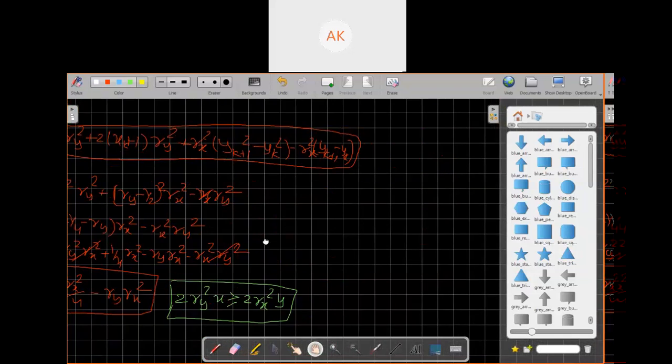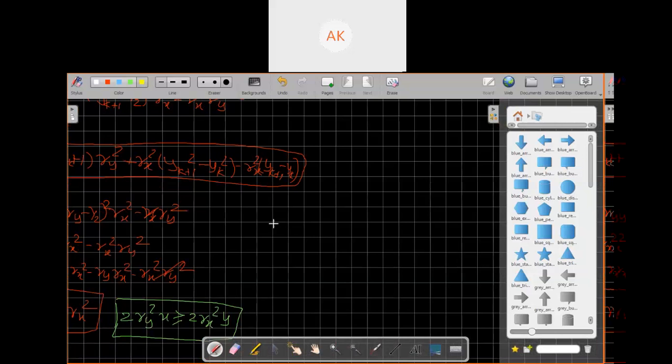So now I'm writing, after calculating your initial decision parameter, when we are in region 1. Okay, region 1 means your magnitude of m is less than 1.